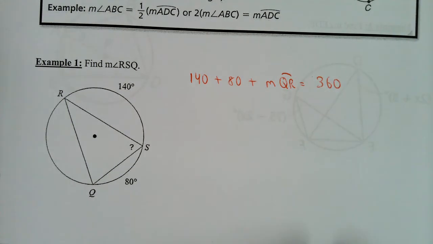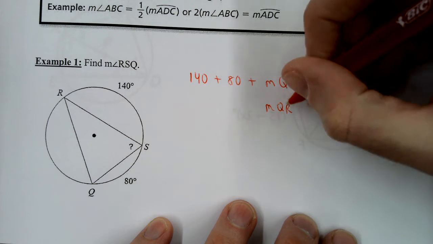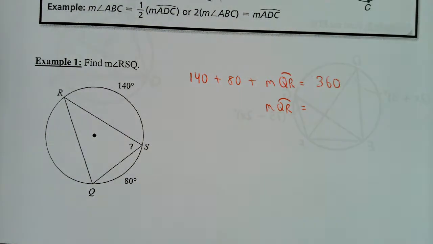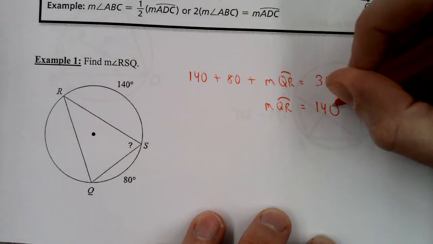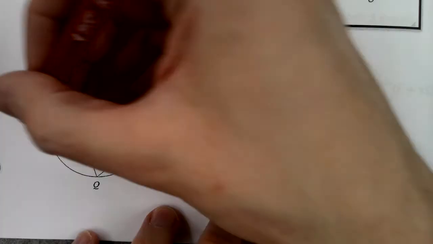That means the measure of arc QR is going to equal 140. So let's label arc QR as 140.